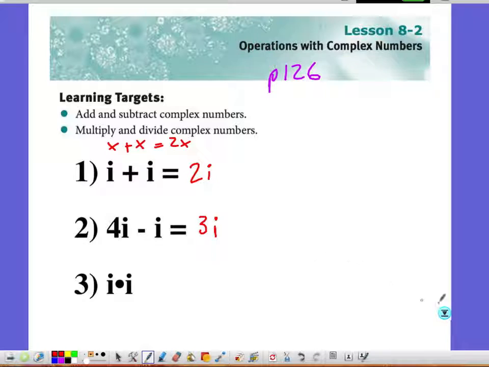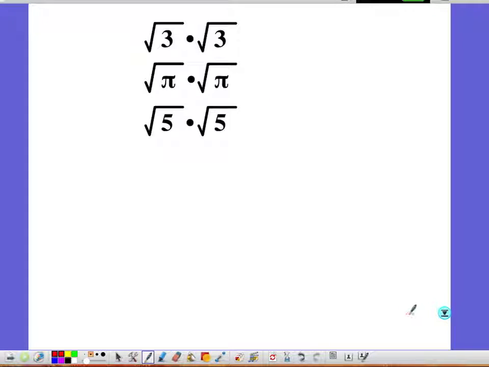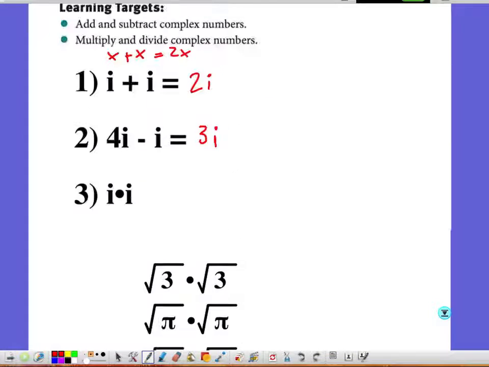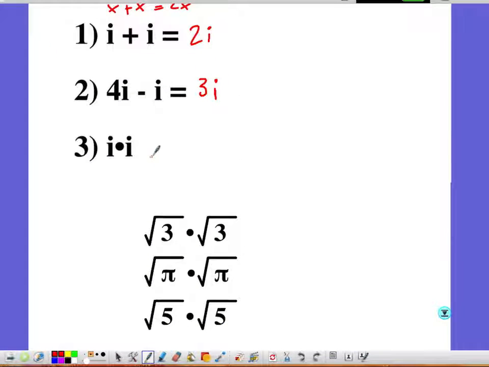And what if we have i times i? i times i. Here we go. Well, i times i is going to equal i squared. Again, you treat i like a variable, so if you had x times x, that would have been x squared.